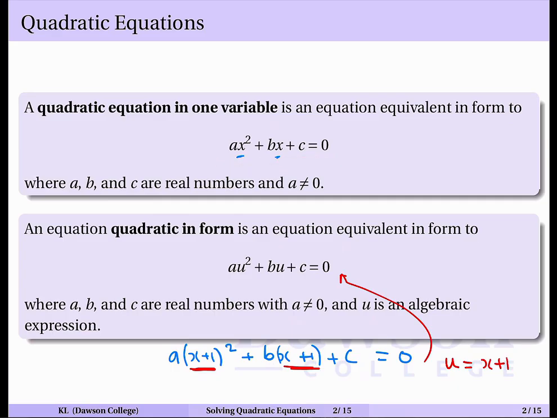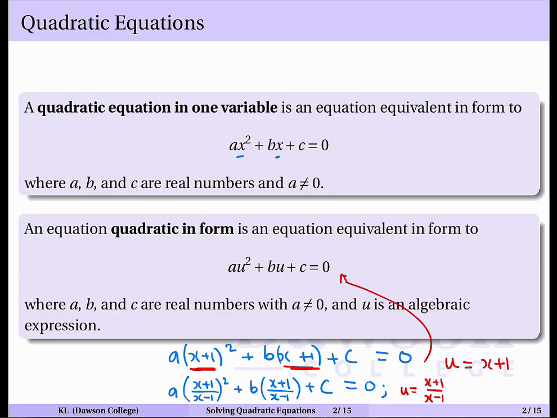There will also be some examples such as a times (x plus 1 over x minus 1) squared plus b times (x plus 1 over x minus 1) plus c equals 0. So this one, your u will be x plus 1 over x minus 1.